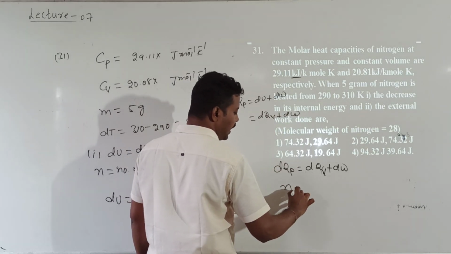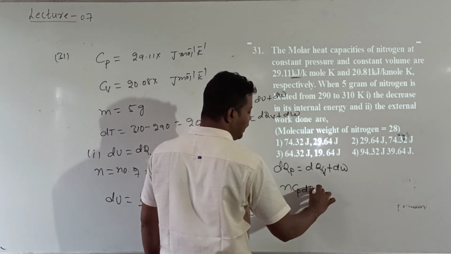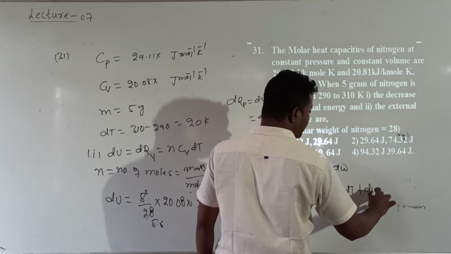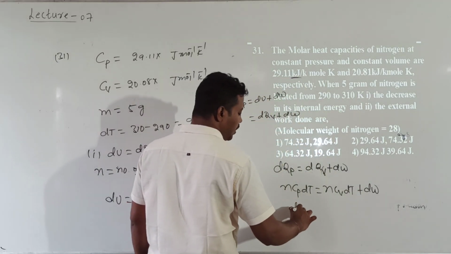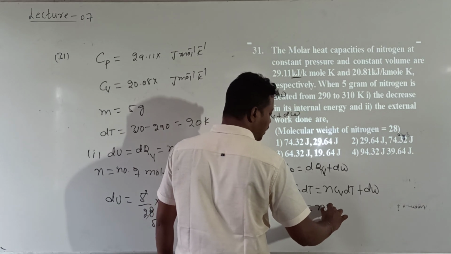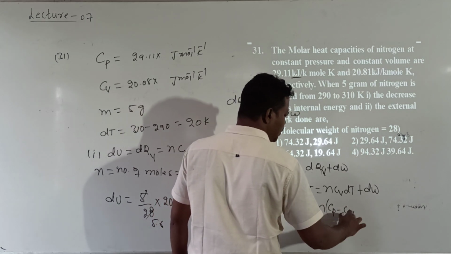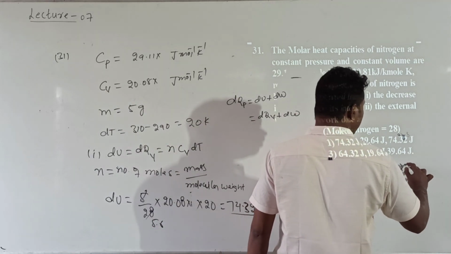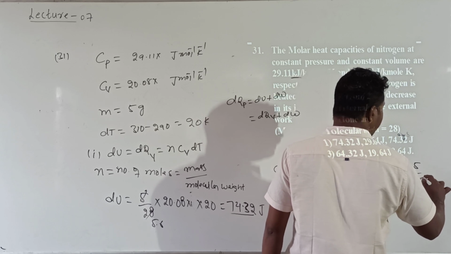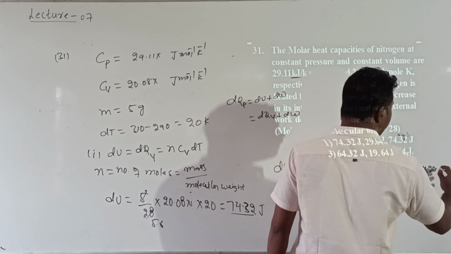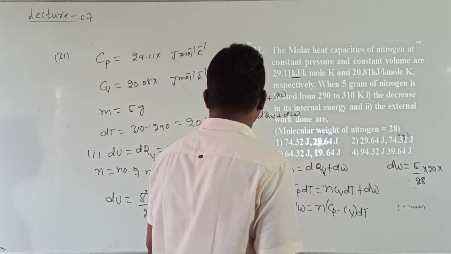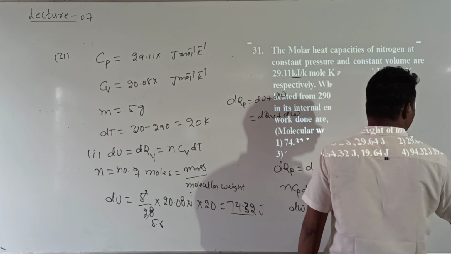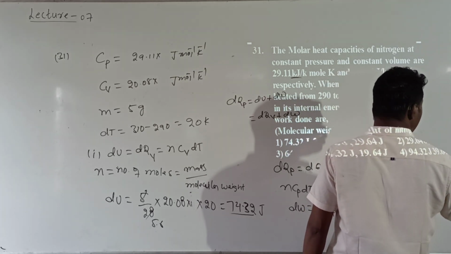So dQp can be written as n into Cp into dT is equal to n into Cv into dT plus dW. If I want to calculate dW value, it is given by n into Cp minus Cv into dT. So n value 5 divided by 28 into dT value 20 into Cp minus Cv, 29.11 minus 20.08.